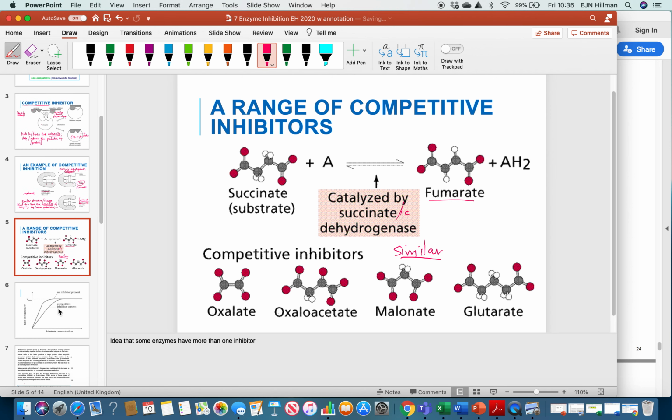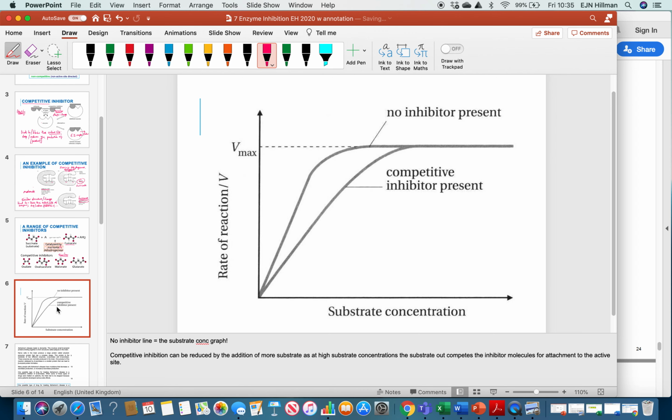Okay, so to understand graphs that might be related to this, here is an example. So this is a general trend that you would expect to see if we were to compare two enzyme-controlled reactions, where in the first reaction there is no inhibitor present.